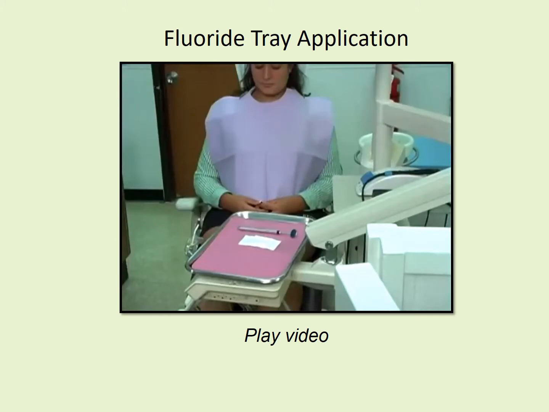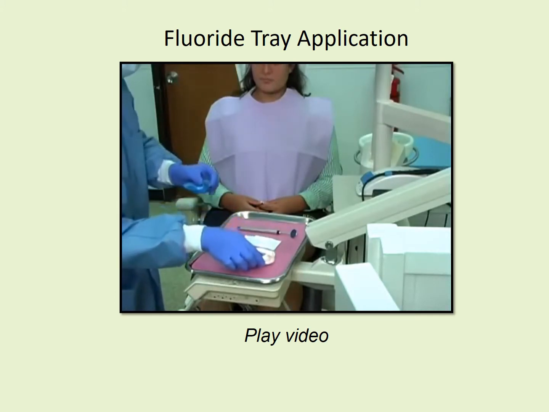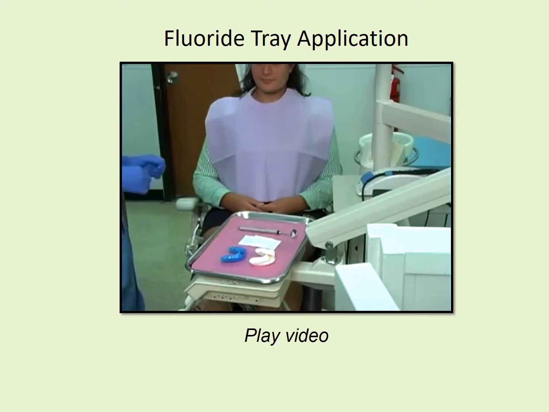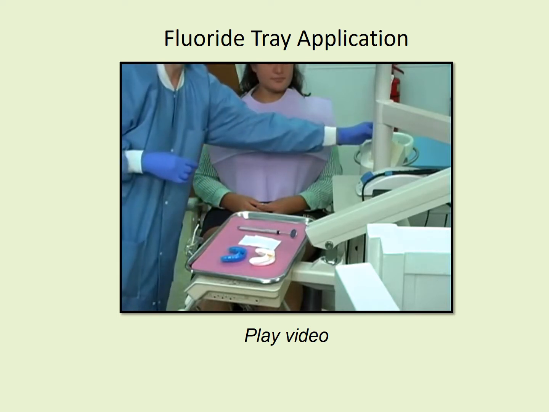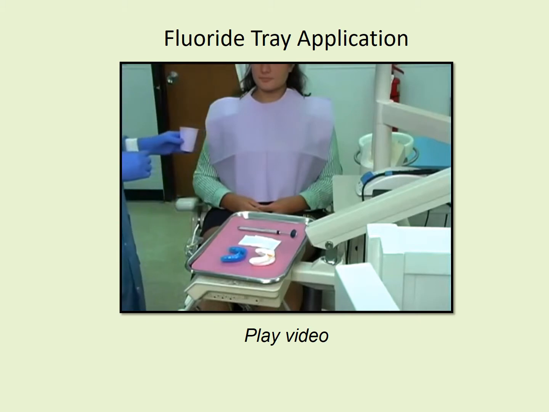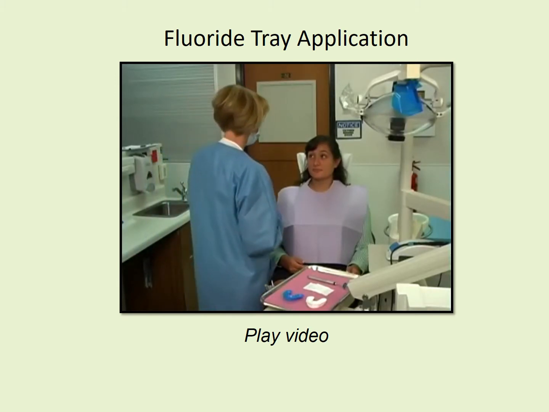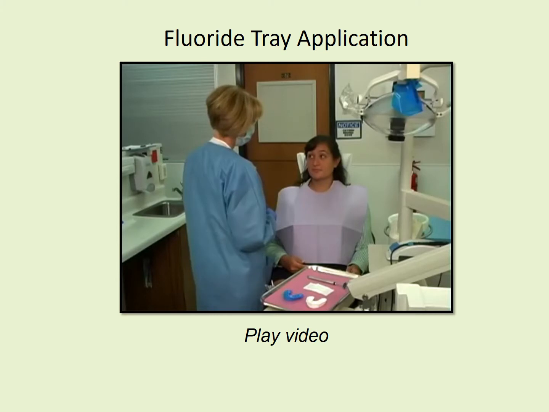For easier access, it is recommended that the clinician place the filled trays on the bracket table before starting the fluoride procedure. Remove the patient's cup to ensure that the patient will not rinse after the trays have been removed from their mouth. Standing in the 8 o'clock position, the clinician will place the mandibular tray first.